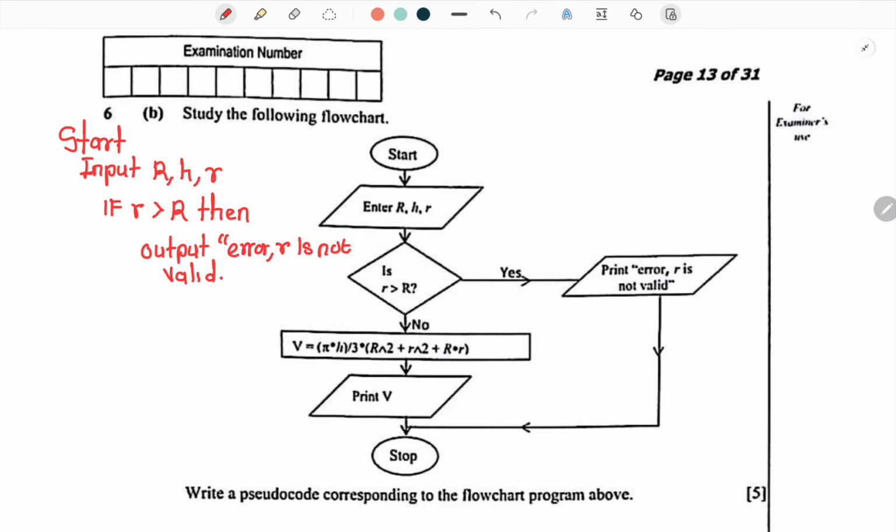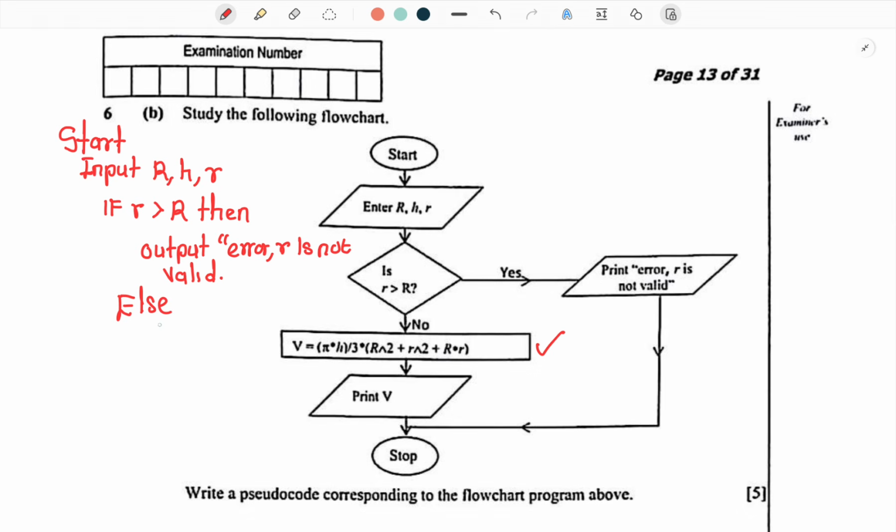When you do that, there's a formula. Before you write this formula, make sure you put else. Else. So this else is going to be in the same line as your input. Else, then you write your formula.